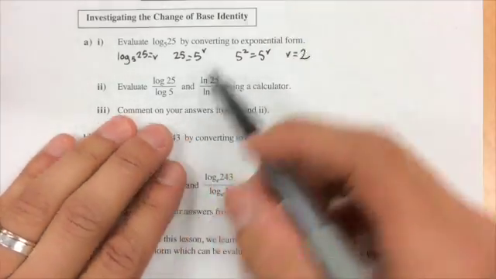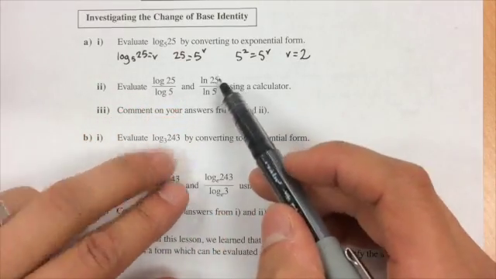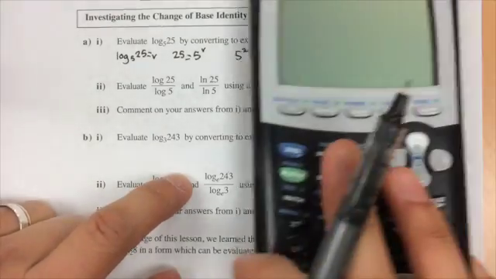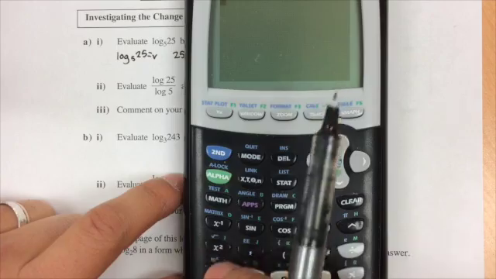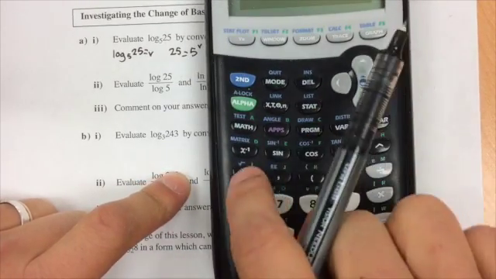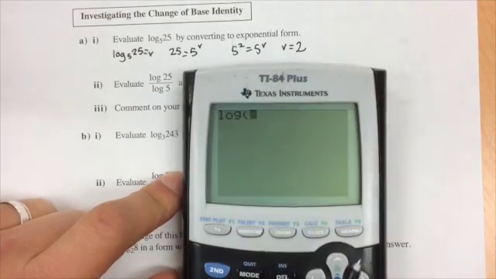Another thing we could do is evaluate log 25 divided by log 5, and ln 25 divided by ln 5, using a graphing calculator. The log function in my calculator is the one right underneath my x squared button, and it says log.